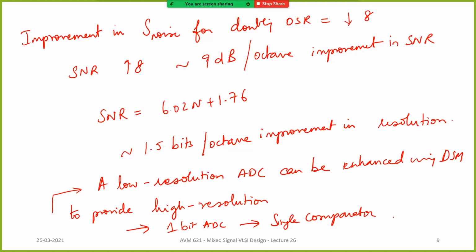In fact, this is so popular that if you want something greater than 16 bits resolution and so on, most likely you will see that delta sigma modulators are used. If you look at any audio interfaces, let's say in your laptop or mobile phone, you will basically see delta sigma modulators for audio. You will have 16-bit or 24-bit digital audio converters. All these are typically delta sigma modulator converters.